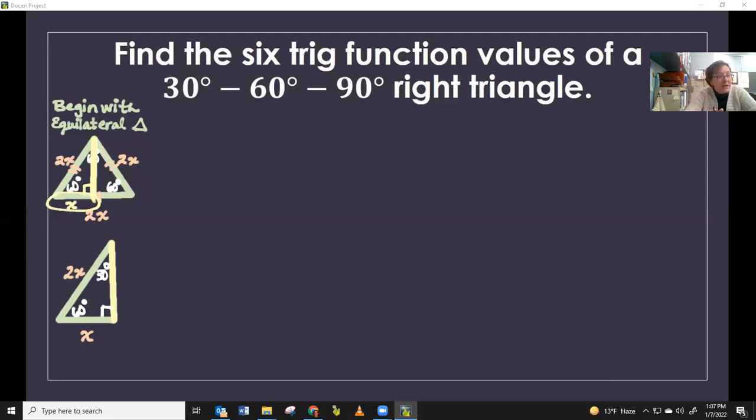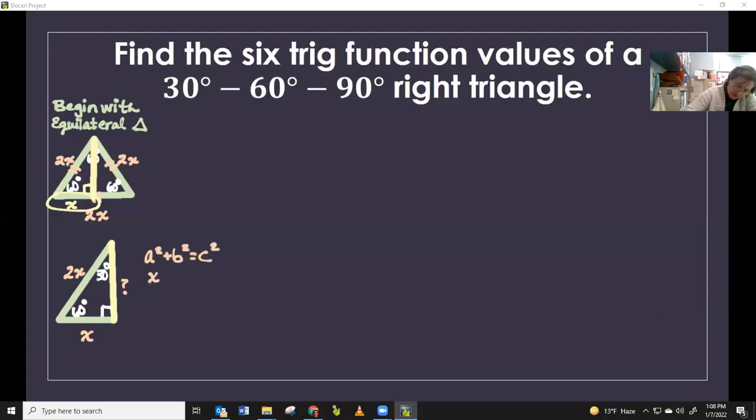The long leg comes from our altitude, and I don't know how big that is, but I can use Pythagorean theorem to figure out the relationship between that long leg from our altitude as it relates to the short leg and the hypotenuse. I'm going to do a squared plus b squared equals c squared.